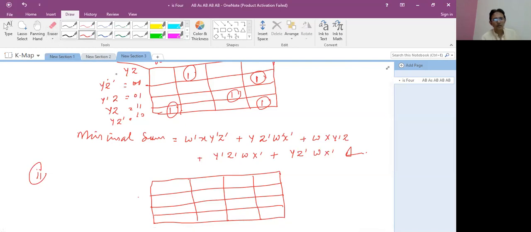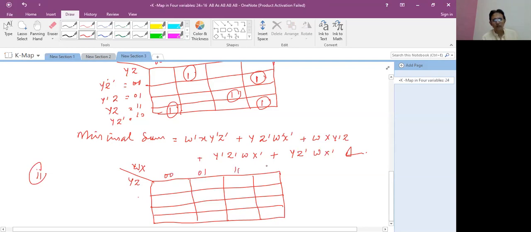So when we consider the variables WX and YZ, 0, 0, 0, 1, 1, 1, 1, 0 for both.